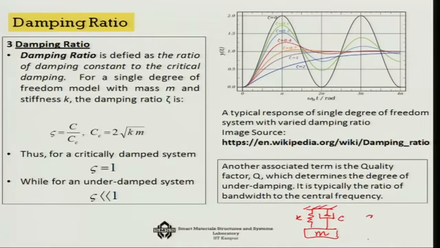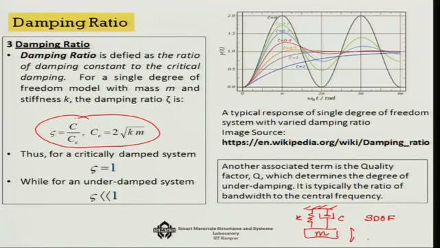So, this is called a single degree of freedom system. It can move only in one direction. Okay. So, in such a case, the damping ratio zeta is the ratio of C over Cc, where Cc is the critical damping, which is 2 root Km.